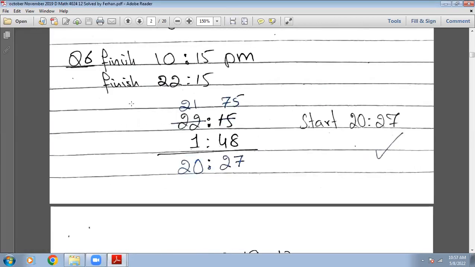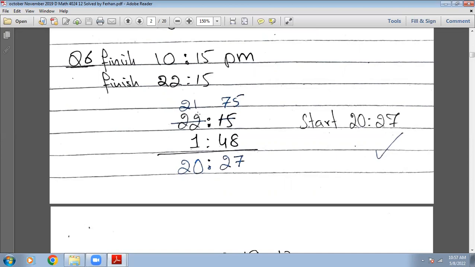So you see here the finish time is 10:15 p.m. I convert it into 24-hour format by adding 12 hours, so you have 22:15. From it, subtract the movie time, 1 hour 48 minutes. So see, 15 and 48. You cannot subtract 48 from 15, so I will borrow 1 hour from here.